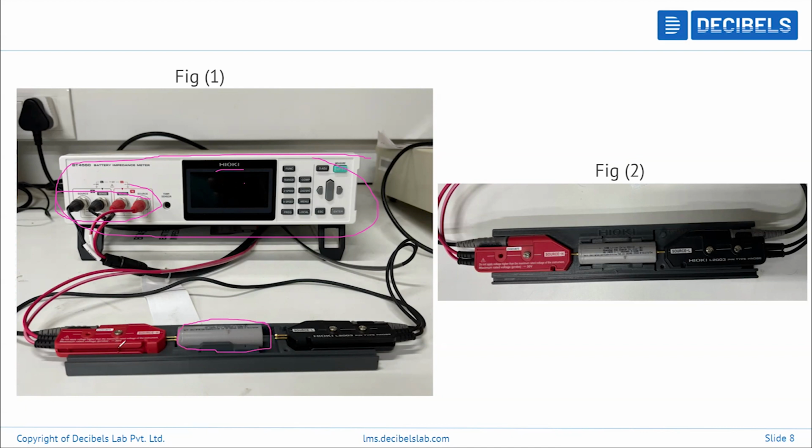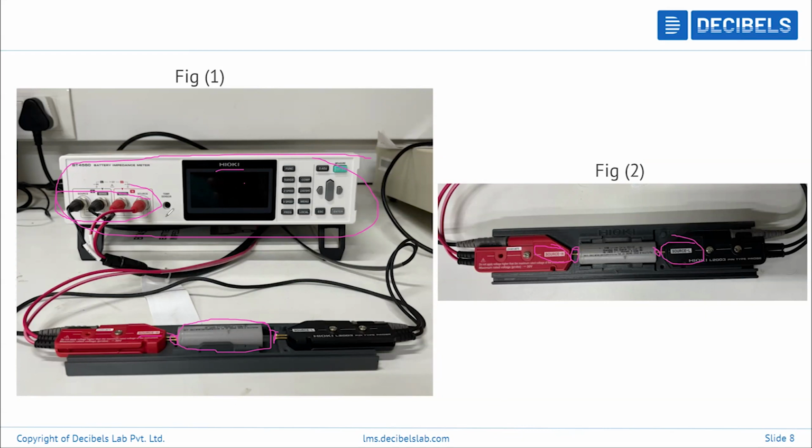And here you can see the H source, or here you can see properly the L source. There are two pins, which are going to come in contact with a cell.